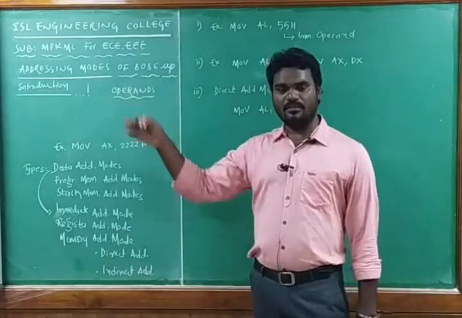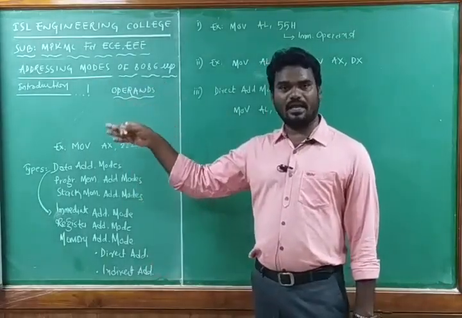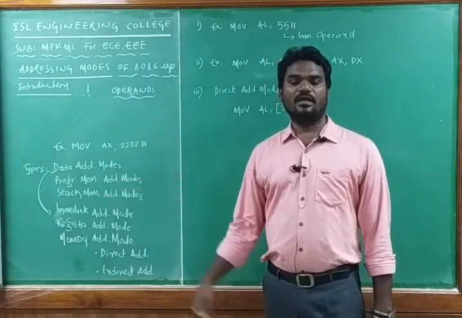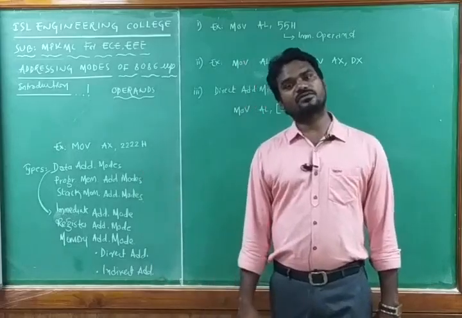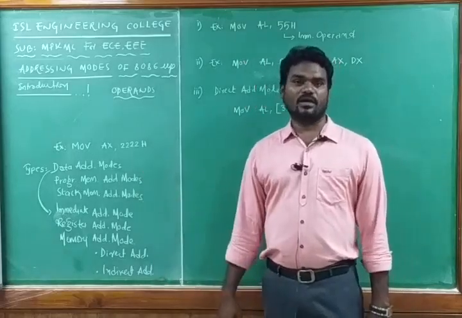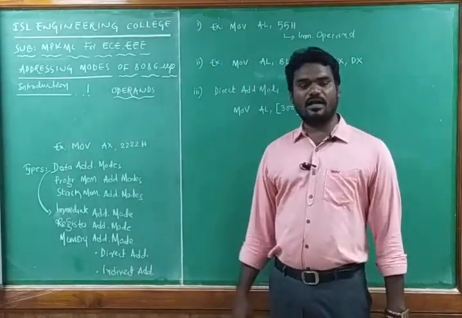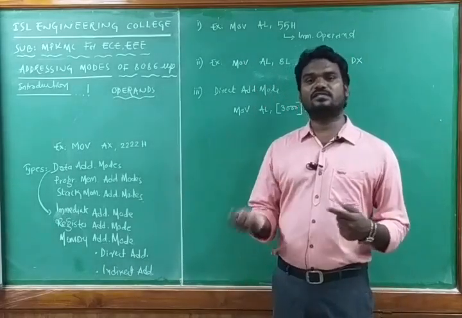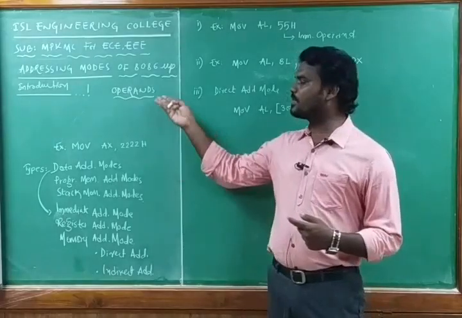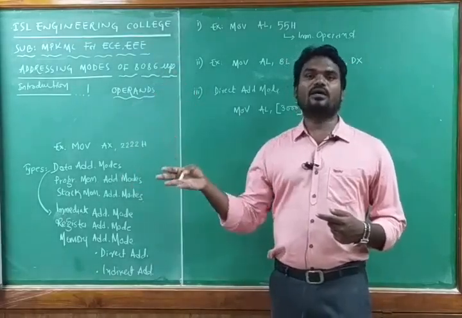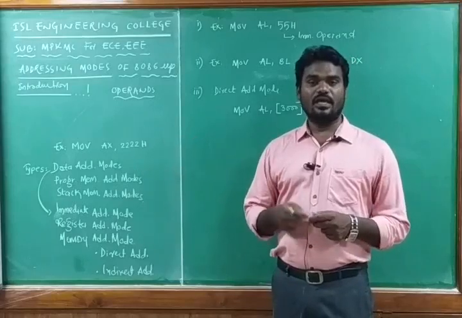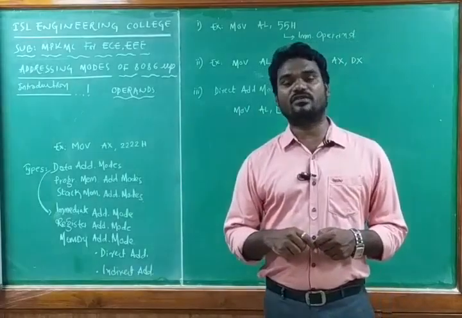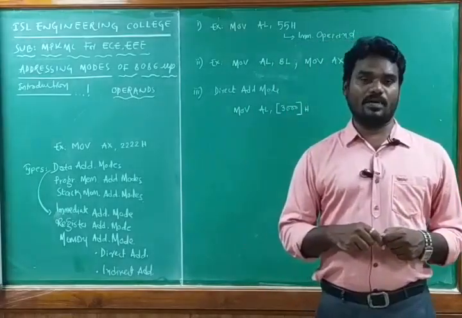These operands may be either internal to the 8086 microprocessor or external to it. In case of internal, the 8086 microprocessor has 14 16-bit registers, so the operands can be located in these registers. Outside, the 8086 microprocessor can be interfaced with a memory of 1 megabyte.